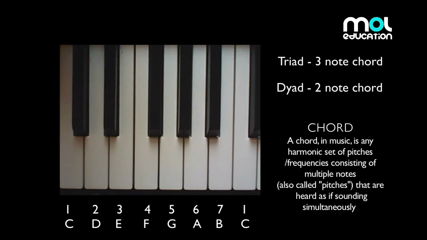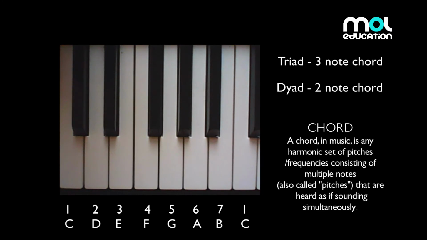So dyads are 2-note chords, but to understand the theory a little more, most people start off with triads, because they contain the 3 important elements in a chord. We're not going to get too deep on the theory, but we are going to number these chords and look at the triad today.